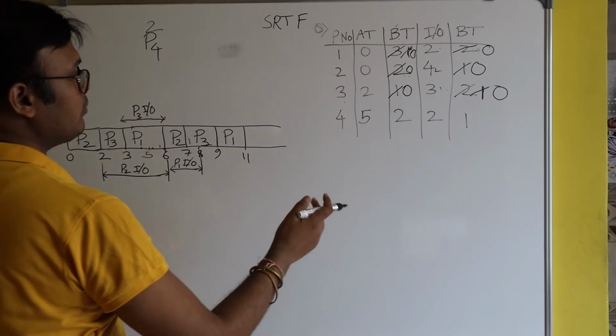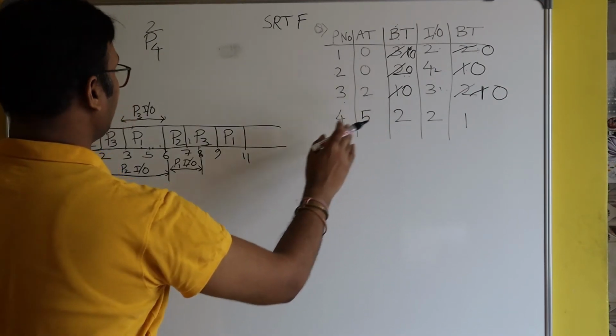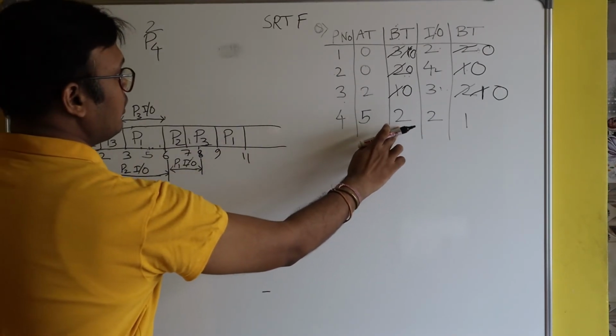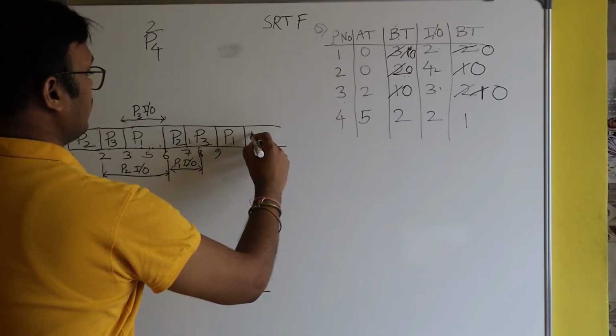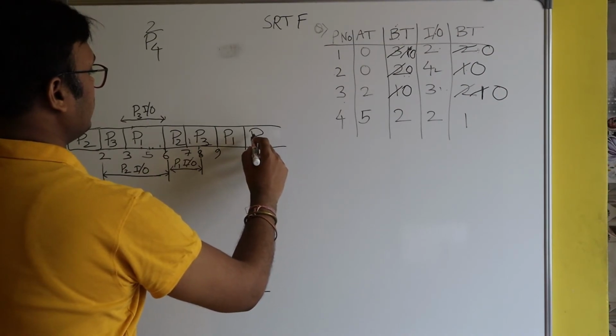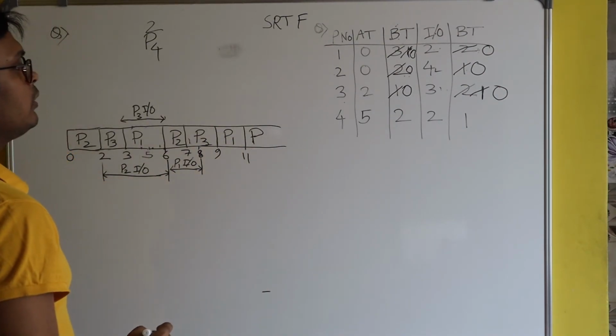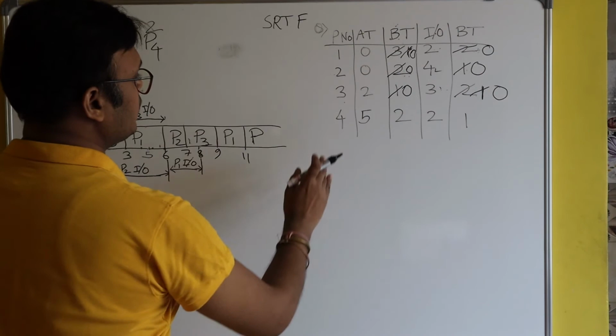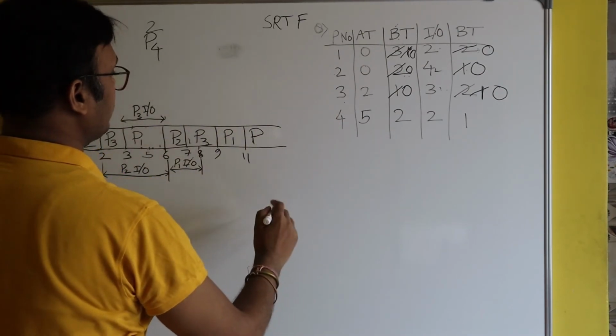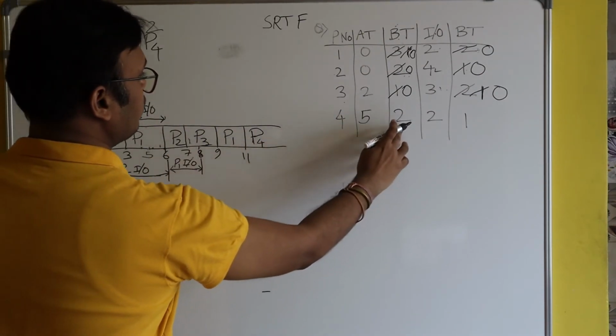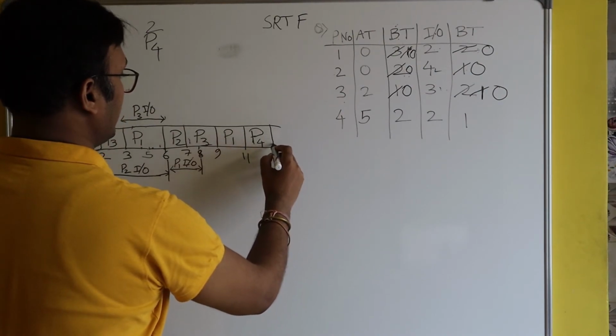Now it's very simple. Process P4 will execute its first burst time. You don't have to think too much, because only one process is left. So process P4 will run for 2 seconds, 11 to 13.